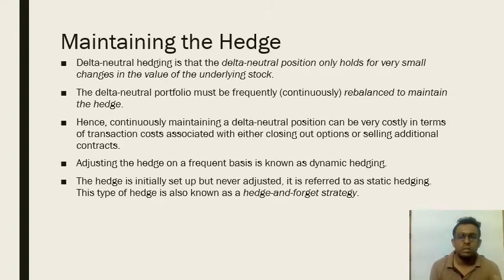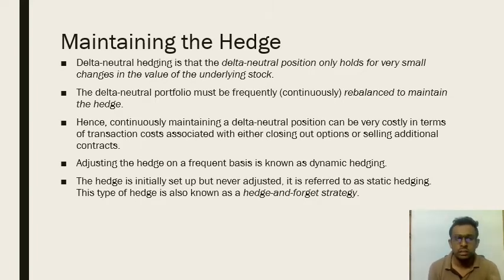There are two other definitions that you need to learn. One is static hedging, and the other is dynamic hedging. Static hedging is commonly known as the hedge and forget strategy, where initially we set up a hedge, like the delta is say 0.6, we'll set up a hedge based on that, and then we'll forget about it.